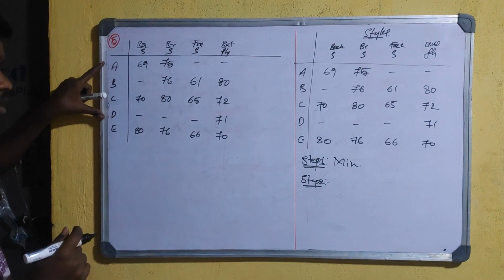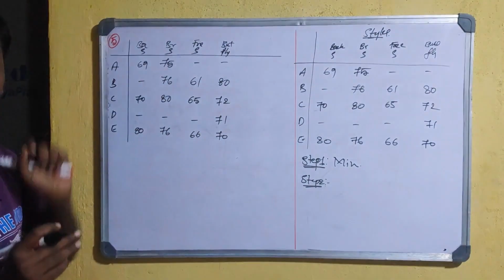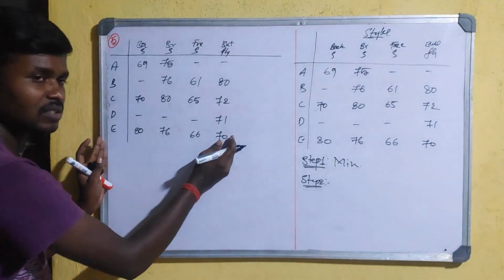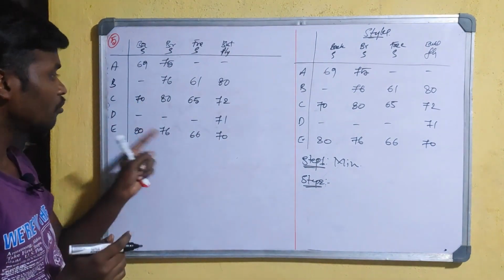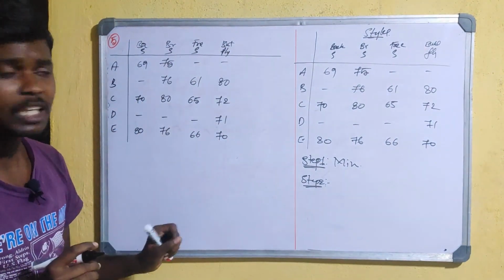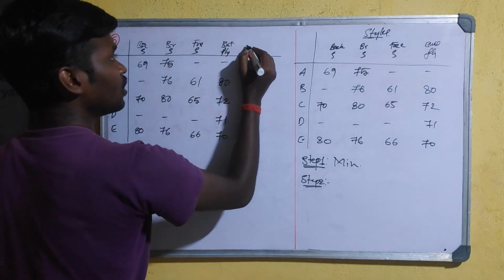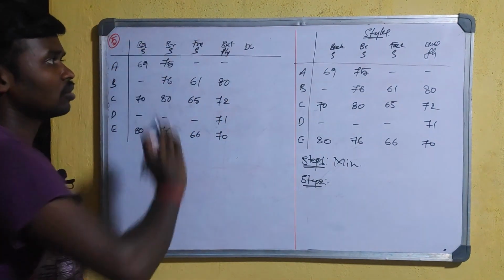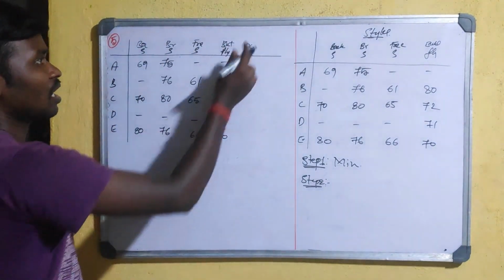Okay, so 5 persons are there, that is 5 swimmers are there, and there are only 4 different styles. So in order to make this unbalanced transportation problem or assignment problem into a balanced one, we have to add the dummy column. Okay, see, dummy column, or you can also give any other numbers, that is other styles.